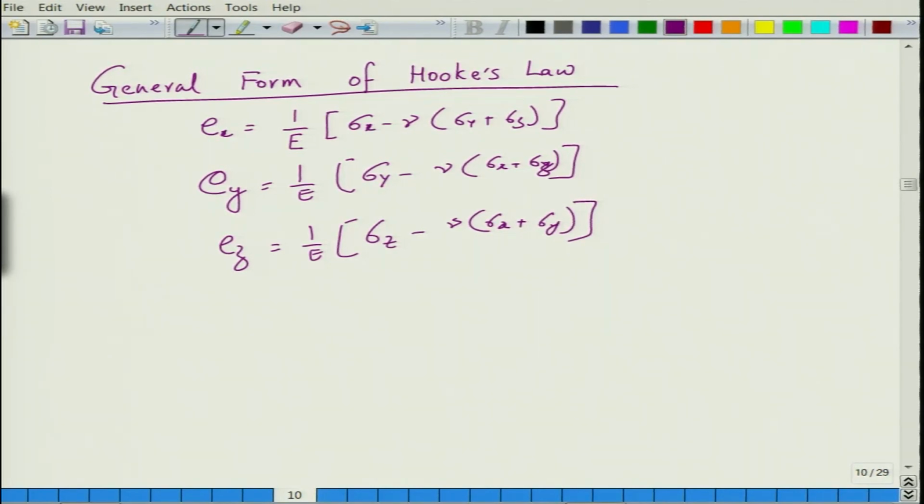So, this is what we did for learning about Hooke's law, and then we worked out the relations between G, E, K and nu.